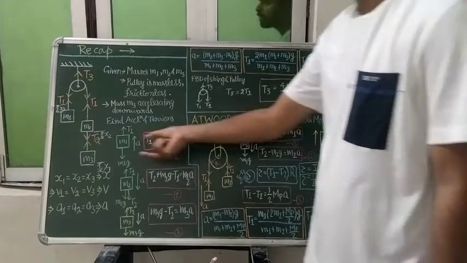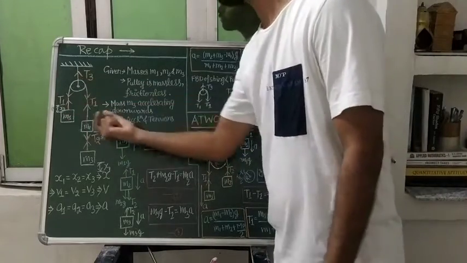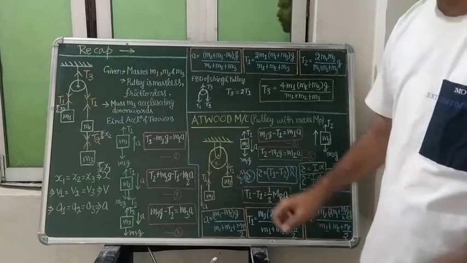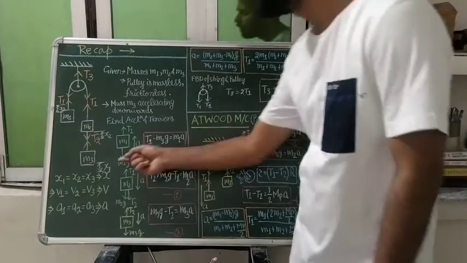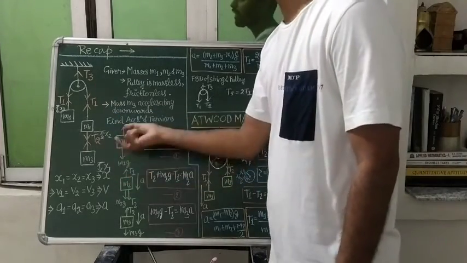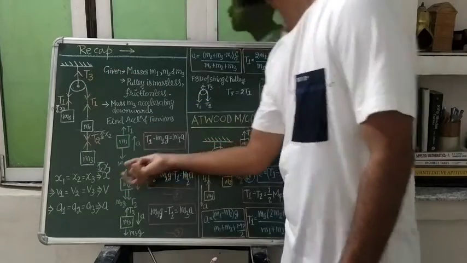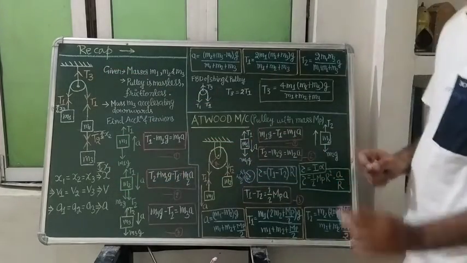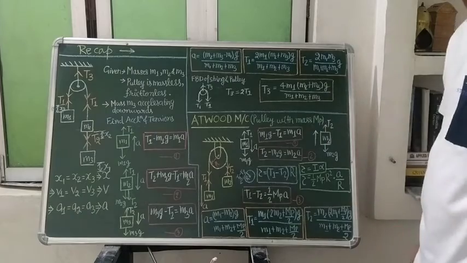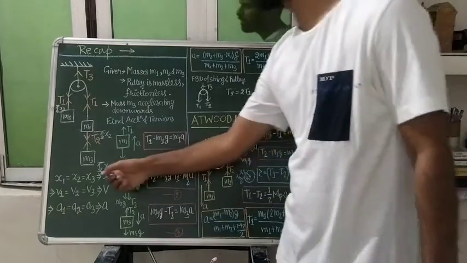Isn't it, student? The same distance they are going to travel. Even if the strings are different, the distances traveled by the masses will be the same for a particular time.